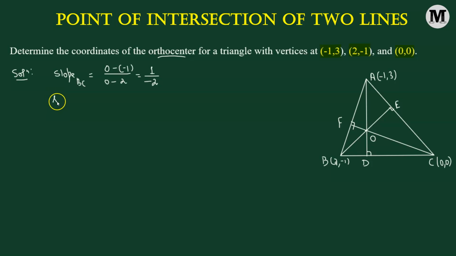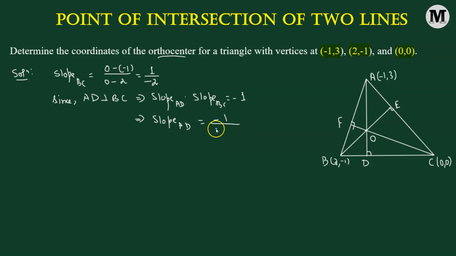And since the line AD is perpendicular to the line BC, this implies that the product of the slope of the line AD and the slope of BC is going to be equal to -1, which means that the slope of the line AD is equal to -1 over the slope of the line BC.